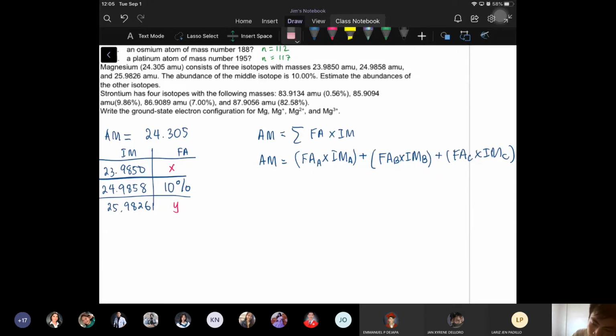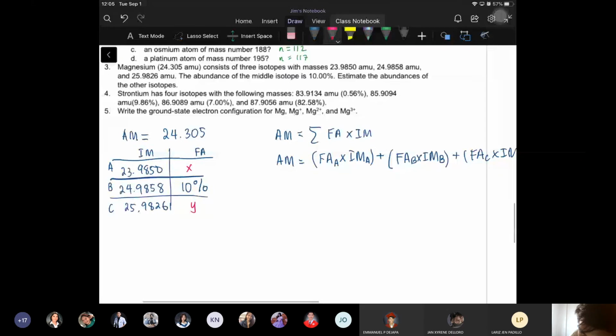Then, what do we know? The fractional abundance of A is X. The isotope mass of A is 23.9850. The fractional abundance of B is 10%, or I will write it as a decimal, 0.1. The isotope mass of B is 24.9858.